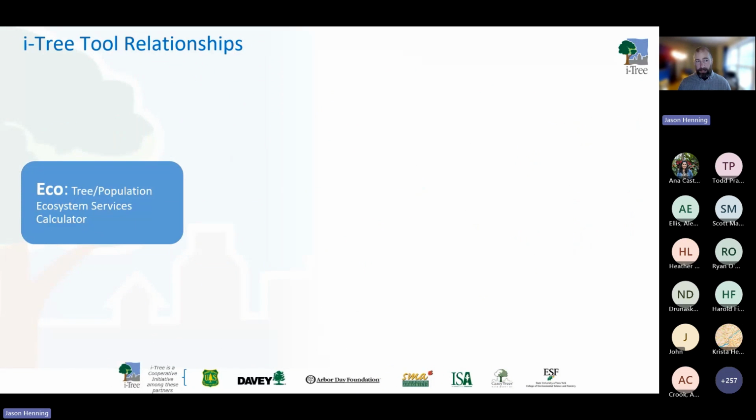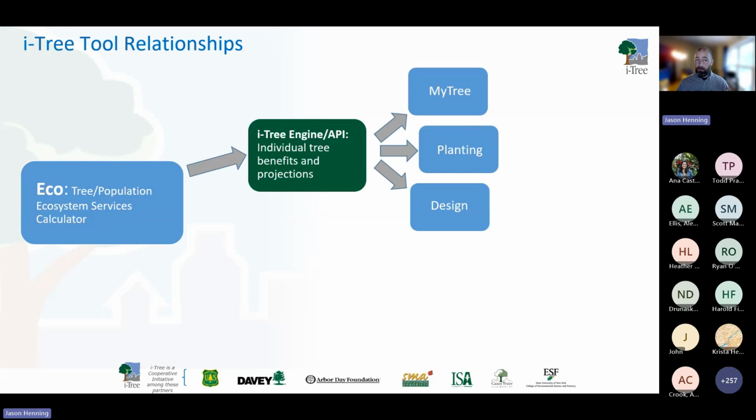Again, on how these tools relate, all the science goes into iTree Eco first, and then we have what we call the iTree engine. Krista mentioned that when we have everybody using the tools at once, all these tools that we're going to talk about today, MyTree, iTree Planting, they're all pulling their results from this iTree engine. So whichever one of those you're using, it's going to have consistent results from that iTree engine, and they're all pulling from it at the same time.